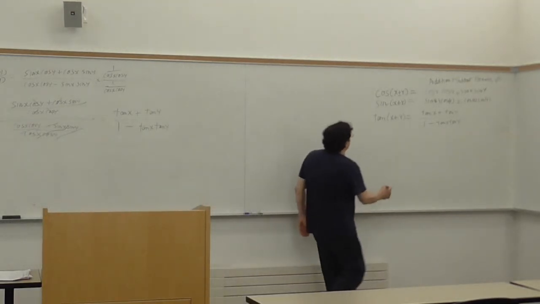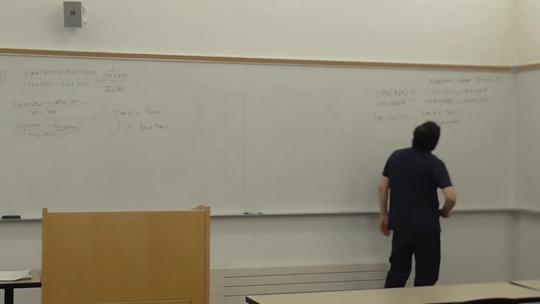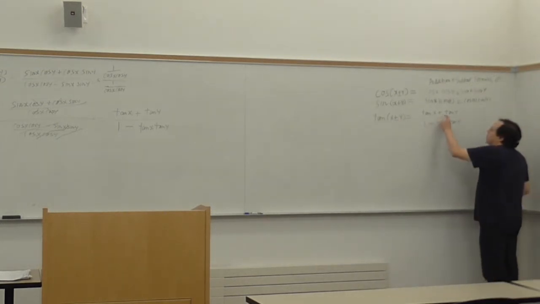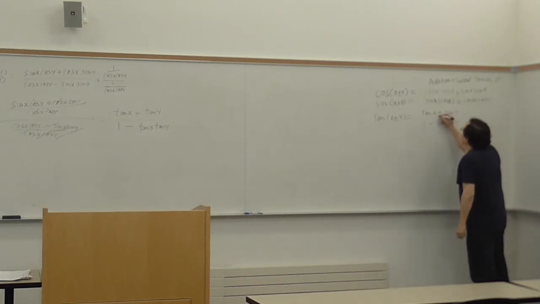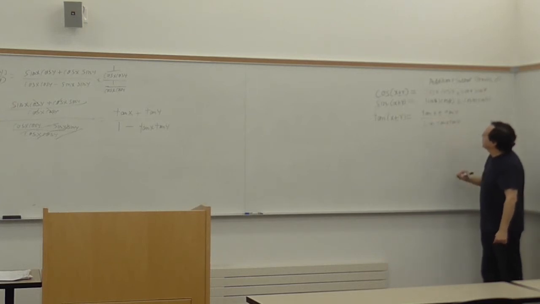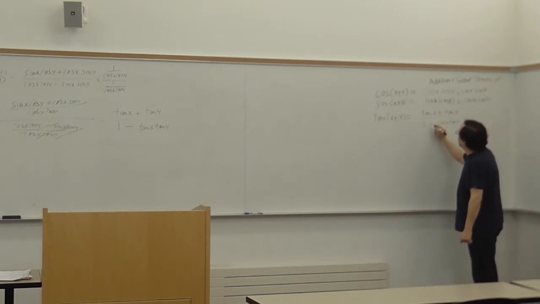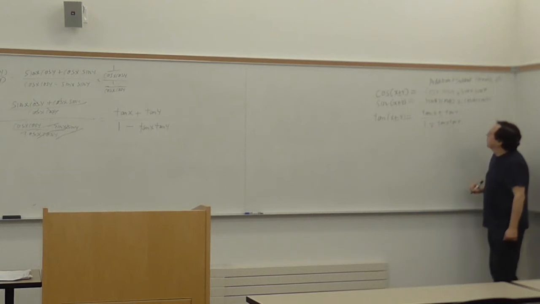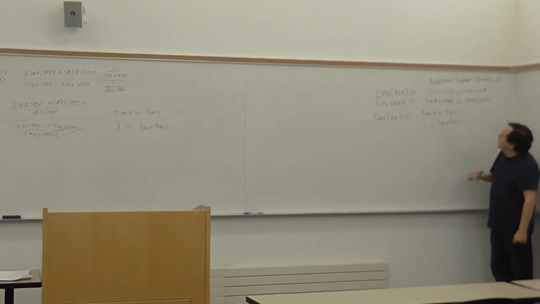So when I go to minus, well, tangent of minus y is going to be minus tangent of y. And here, tangent of minus y will be minus tangent of minus y. So this will become plus. Plus minus, minus plus.